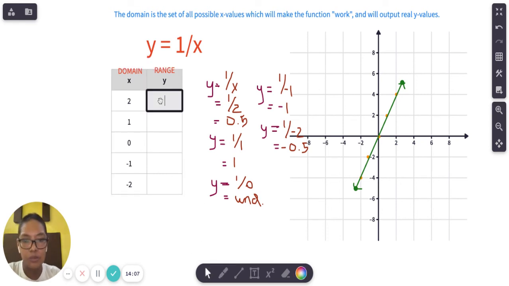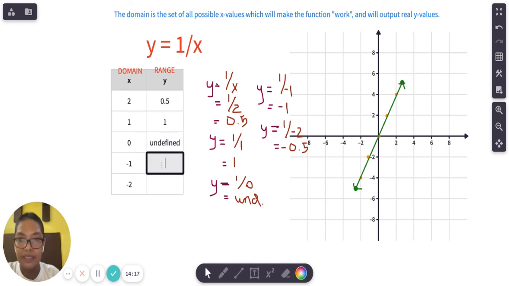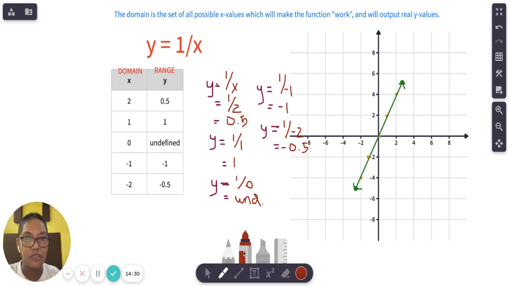So, 1 over 2, ang sagot ay 0.5. So, this is 1. This is undefined. This is negative 1. This is negative 0.5. So, plot natin.